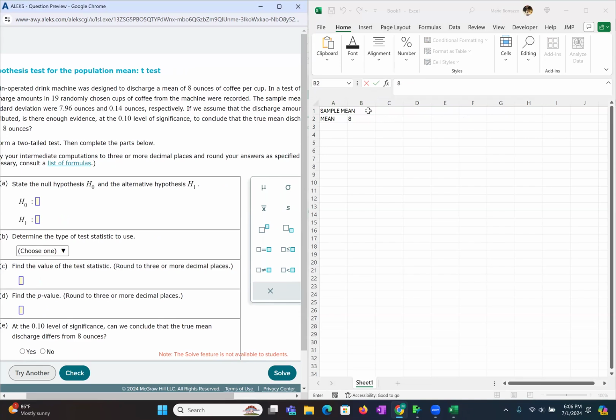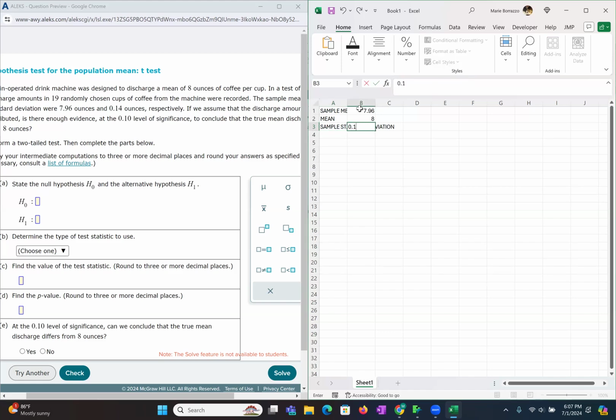The sample mean and the sample standard deviation are right here. The sample mean is 7.96, and the sample standard deviation is 0.14 ounces.